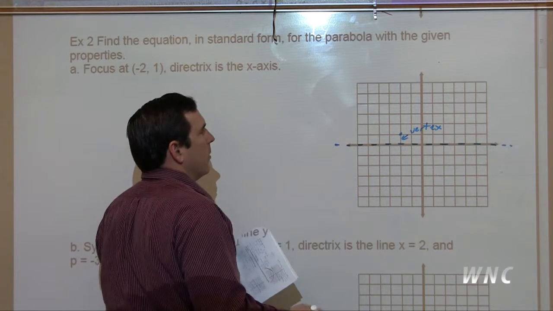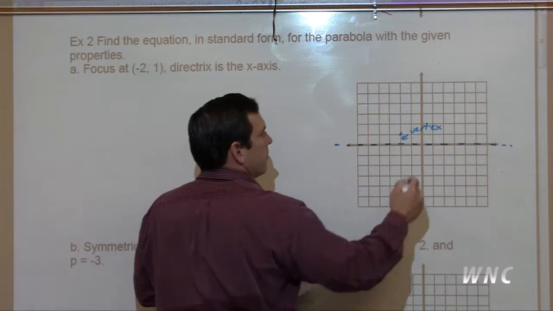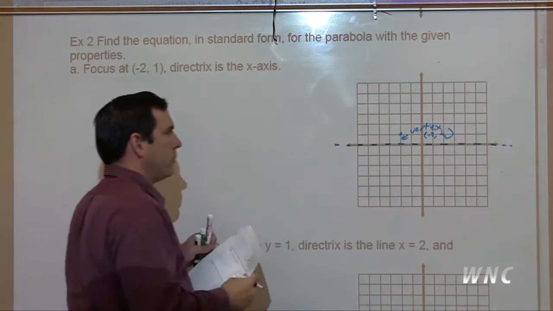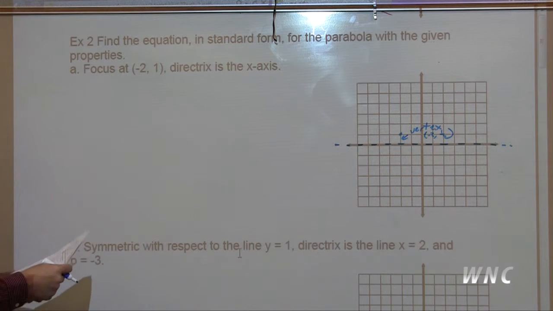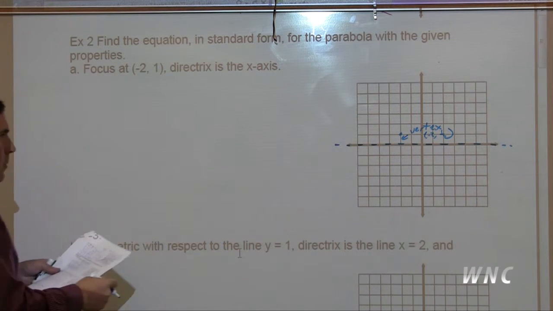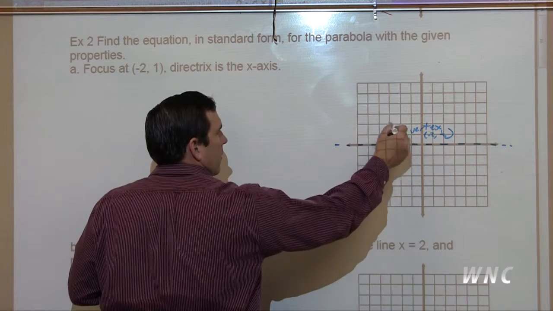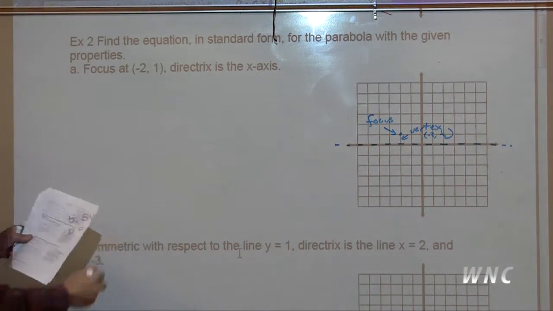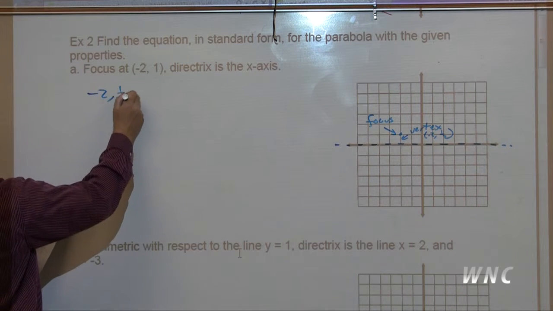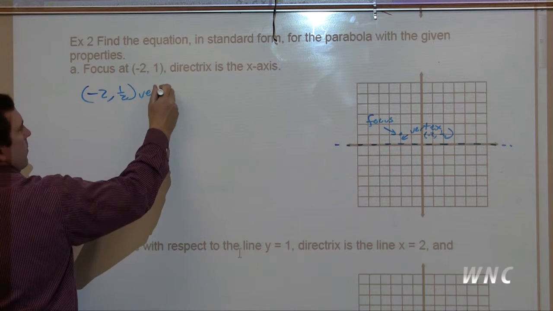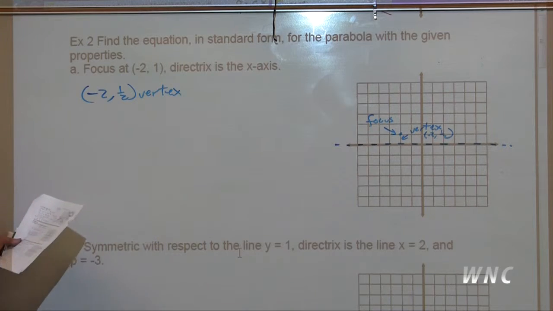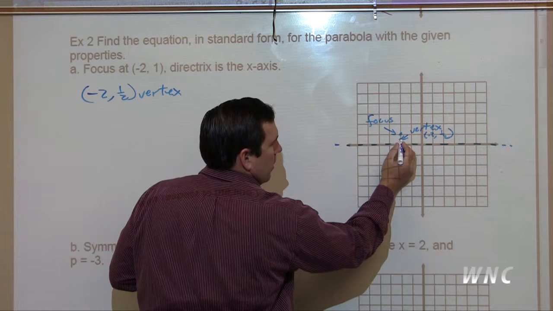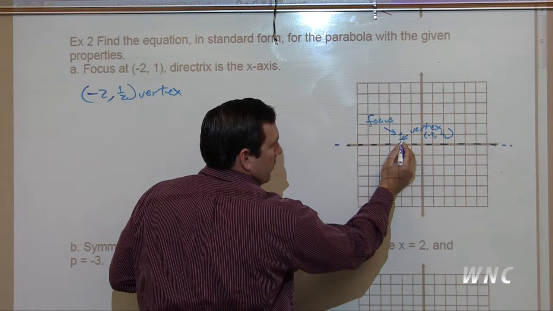And the vertex would be what? The vertex would be at negative 2, comma, 1 half. So negative 2 comma 1/2 is the vertex. And what's our P going to be? Well, P is that distance between the vertex and the focus, or the vertex and the directrix.